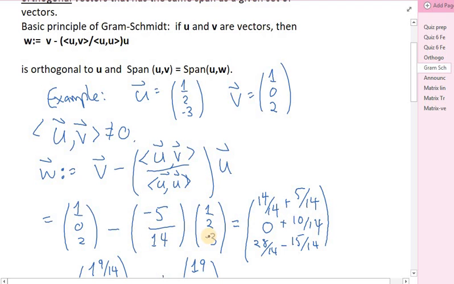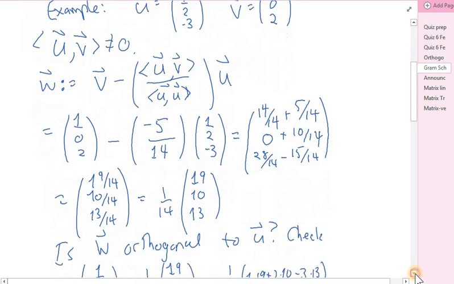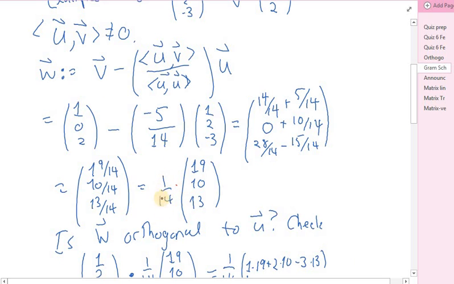And then I have, I'm sorry, it's going to be minus, minus, minus, which is minus 15 over 14. All right, so here I have my w. When you work that out with all the 14s and everything, I get that w is equal to 1 over 14 times (19, 10, 13). And you can check that, in fact, w is orthogonal to u.